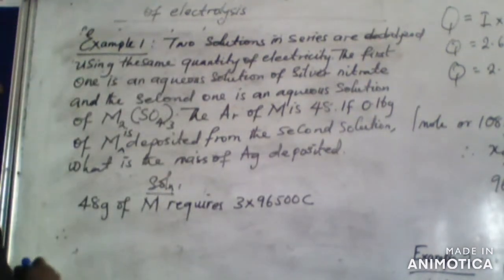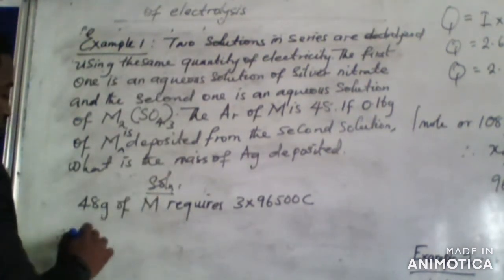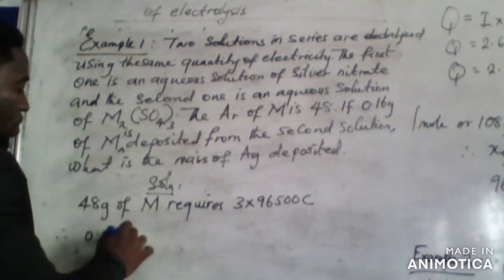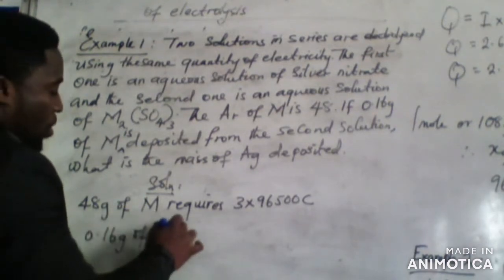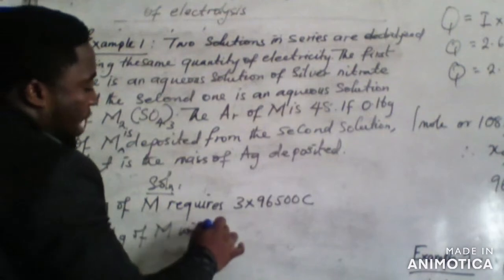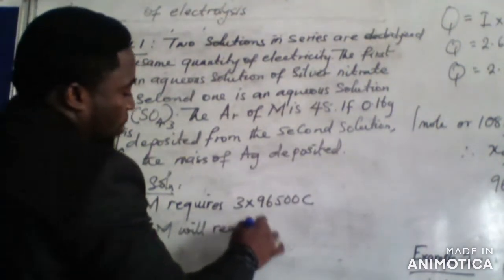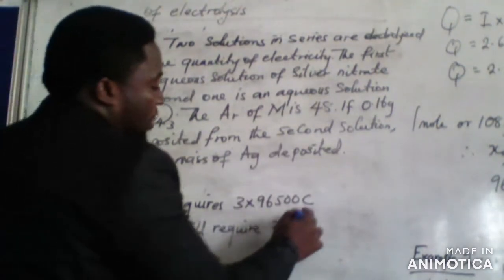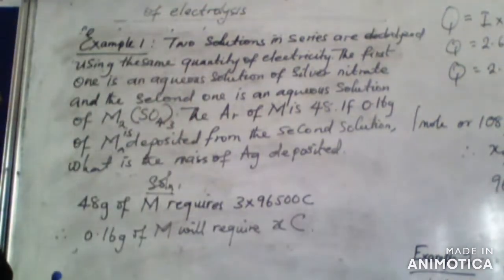So now therefore 0.16 grams of M will require x coulombs of electricity.